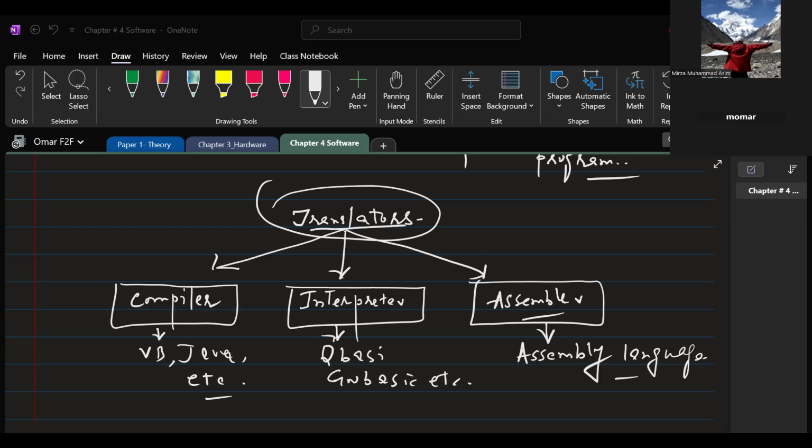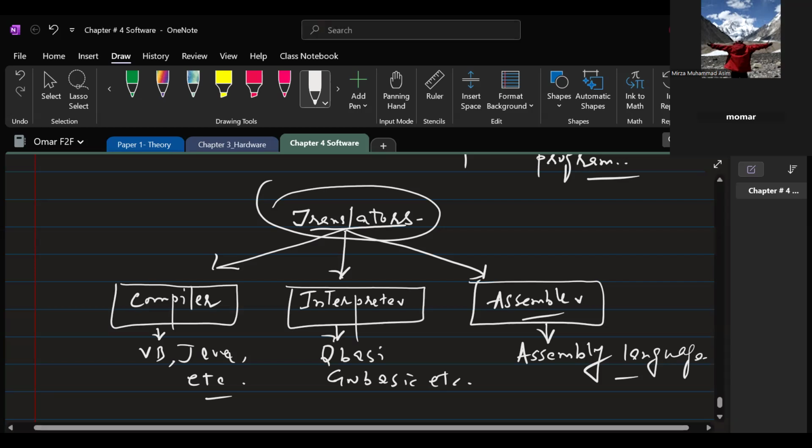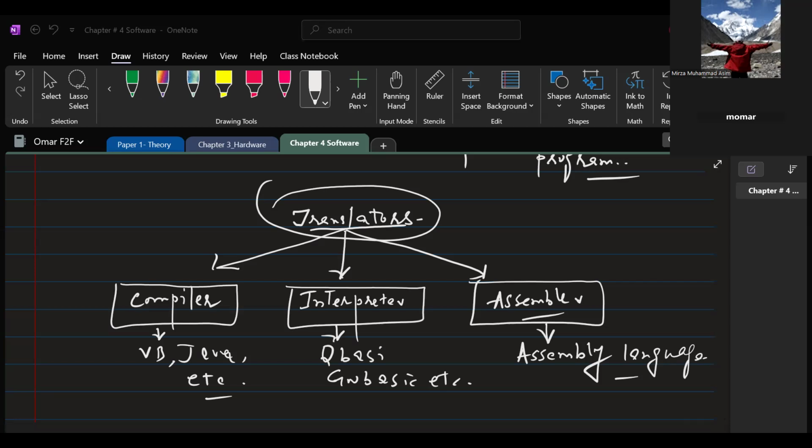Just a second, let me share the screen and give you an idea. Now, can you see my screen?